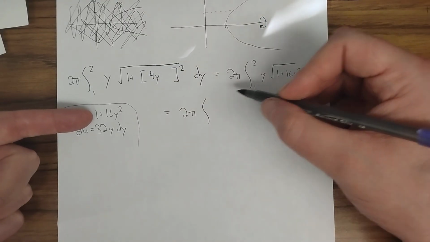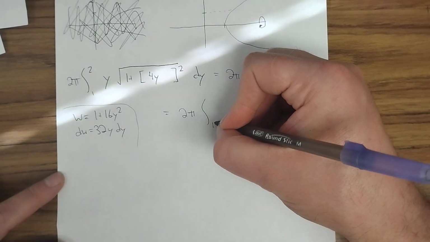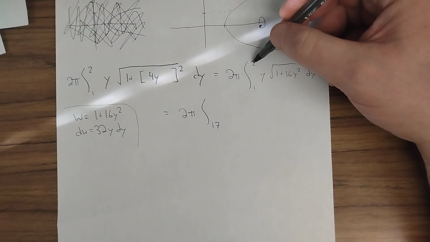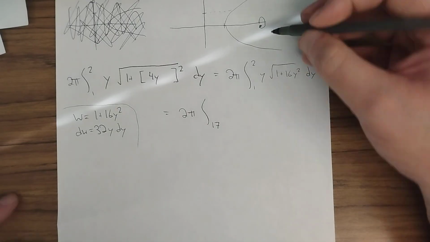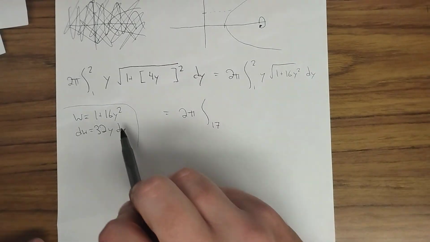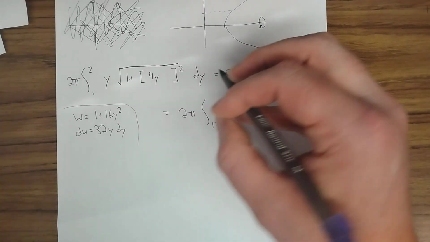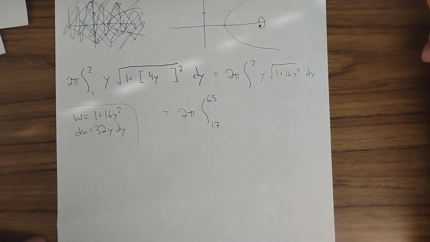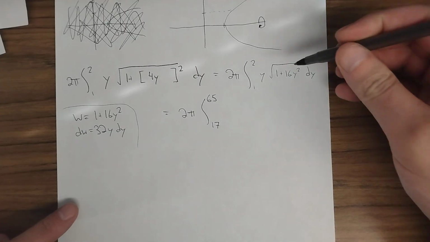Well, if y is 1, then I'm getting 17, so 1 plus 16. And then when y is 2, let me show off my math skills. I'm supposed to be good at this, right? 16 times 4 is 64, so I get 65. And then what?